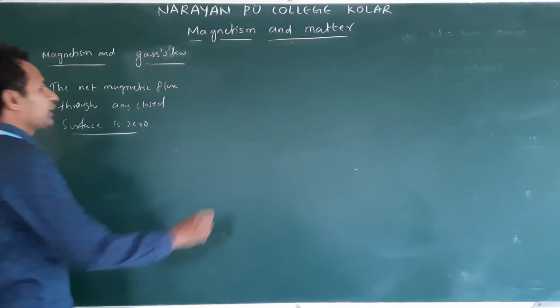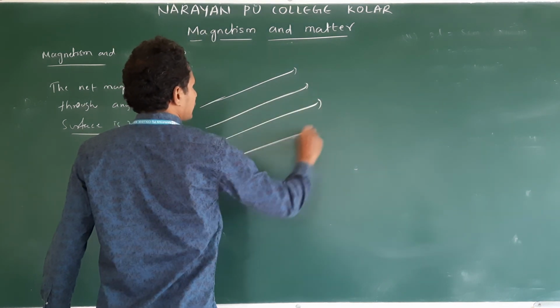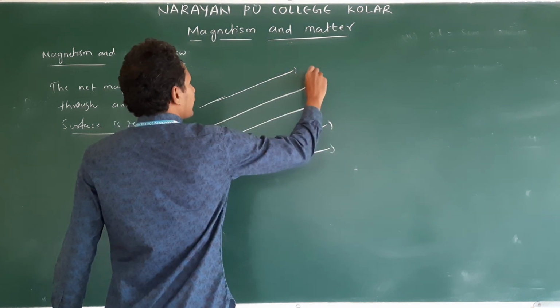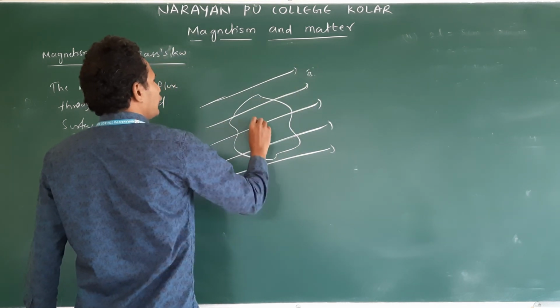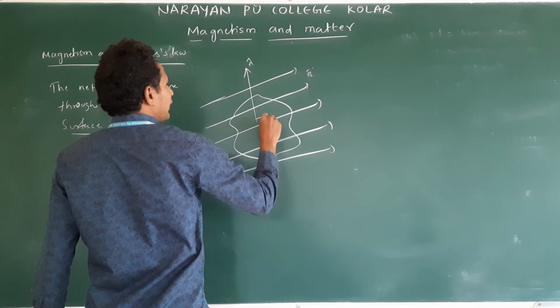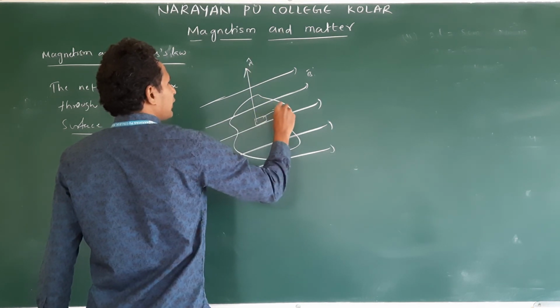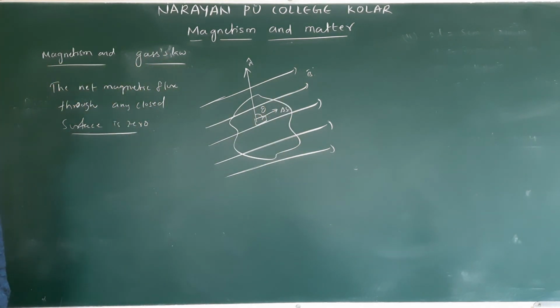See, suppose you take a magnetic field here, this is B. If you take any area here, the area vector acts like this. Construct one small area element here, delta S, and this is the angle between them.